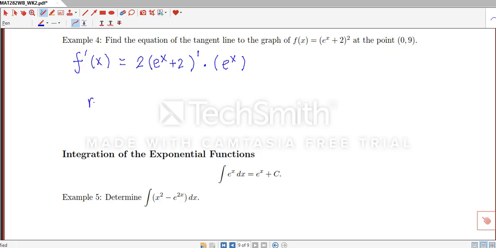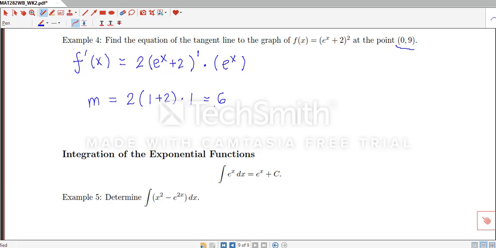And in order to find the slope, we need to evaluate the derivative at the given point (0, 9). So x will equal 0. We get 2 times e to the 0 power, which is 1, plus 2 to the first power times e to the 0 power, which is 1. So we get 2 times 3 equals 6.